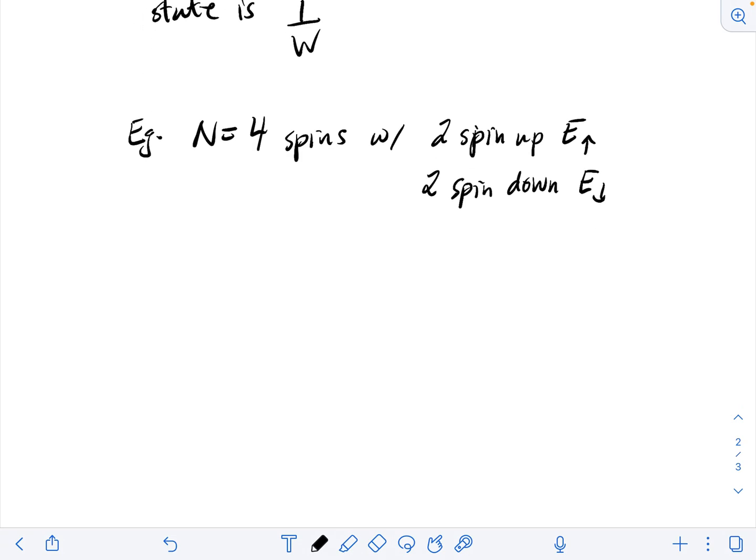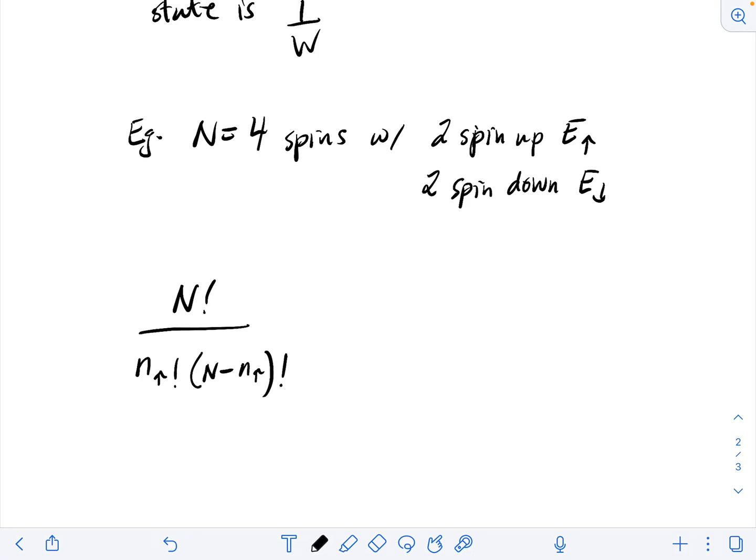So what we could do is count the number of different arrangements of the system. If we need n particles, we're going to have to choose n of them up, and then capital N minus n is the number of particles down.